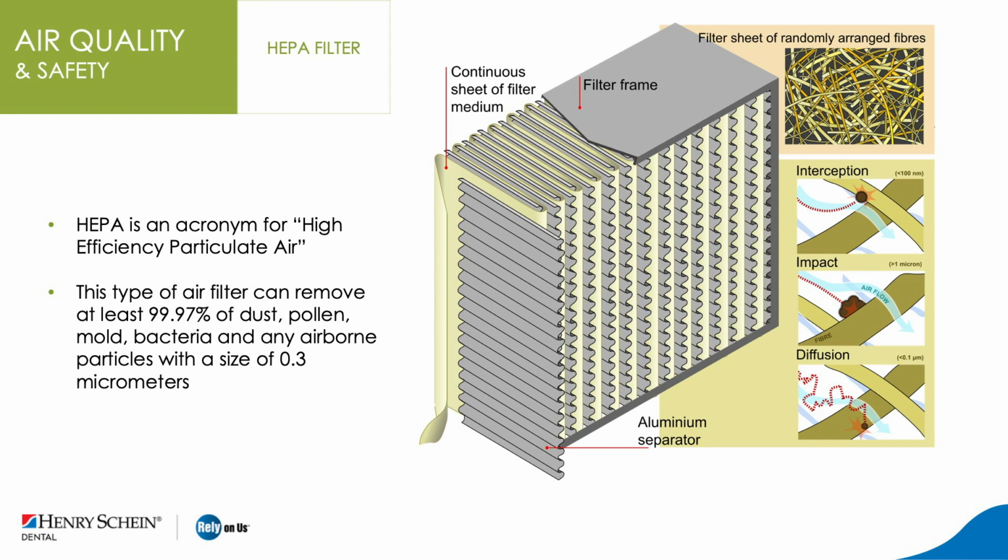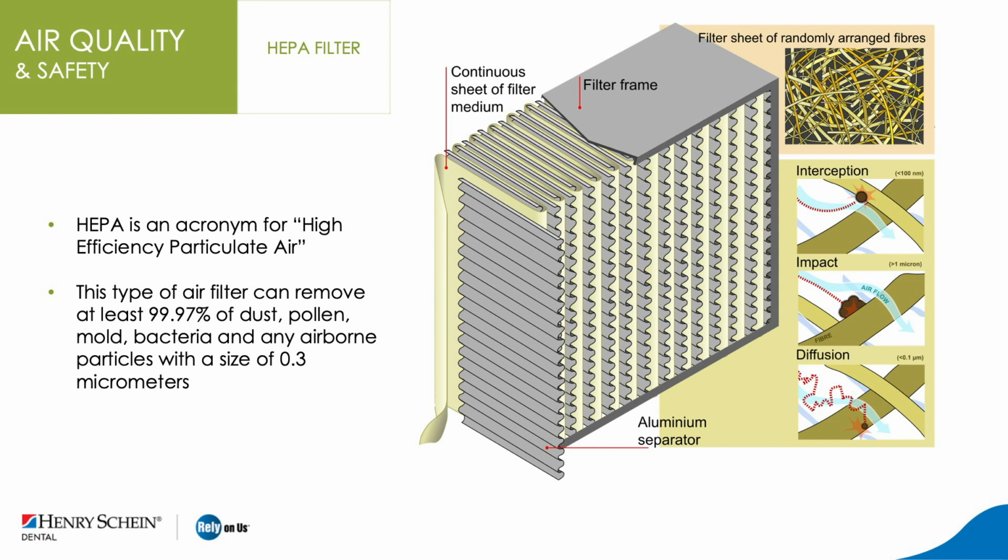But a catch to this is the filter requires an upgraded mechanical system to pull the air through the filter. So it's more expensive. And of course, oh gee, how much more expensive? Well, the cost of an average commercial heating and air conditioning system, HVAC system, is approximately $4,500 per ton.